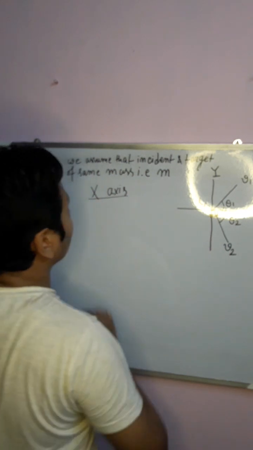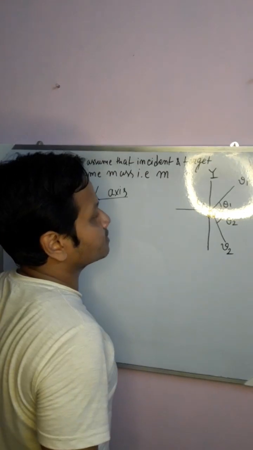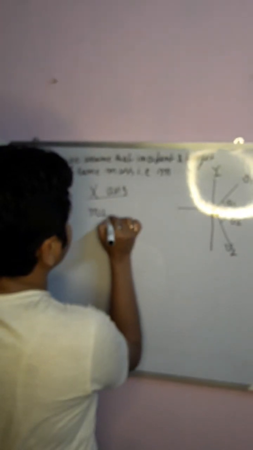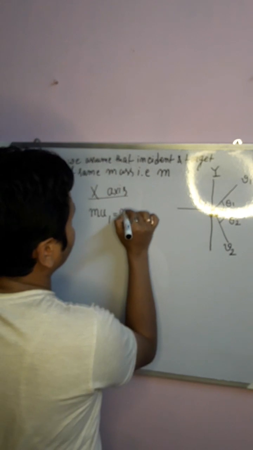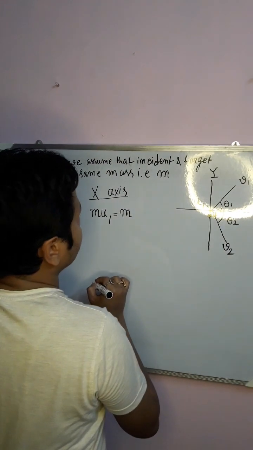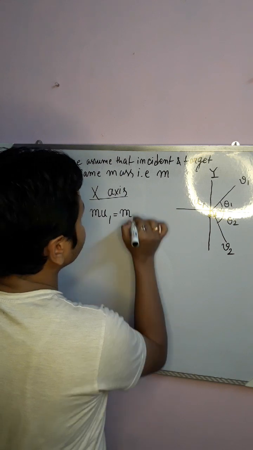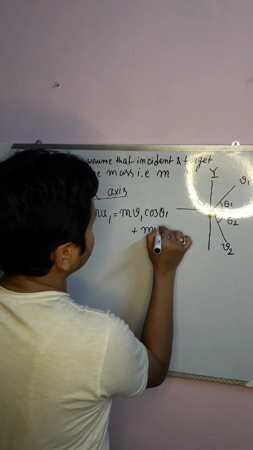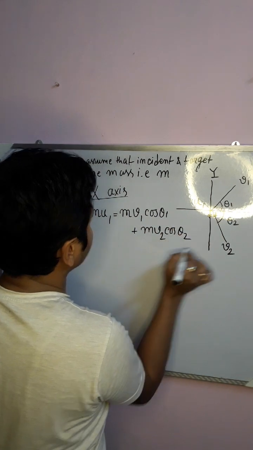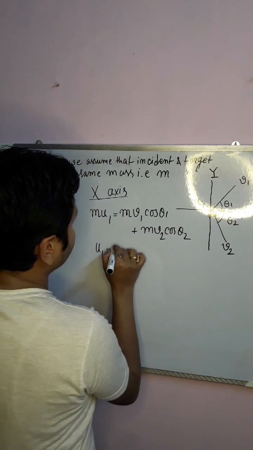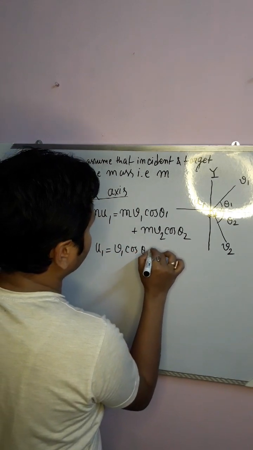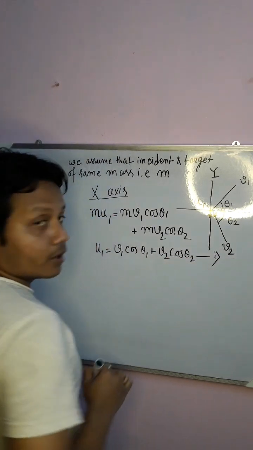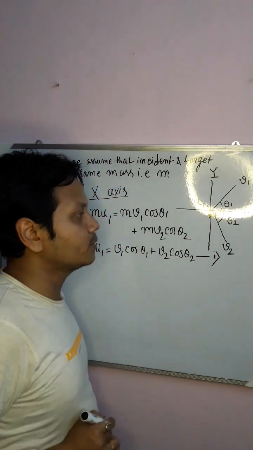The linear momentum before collision is m u1, and this equals m v1 cos theta 1 plus m v2 cos theta 2. So u1 equals v1 cos theta 1 plus v2 cos theta 2. This is the law of conservation of linear momentum along the x-axis.